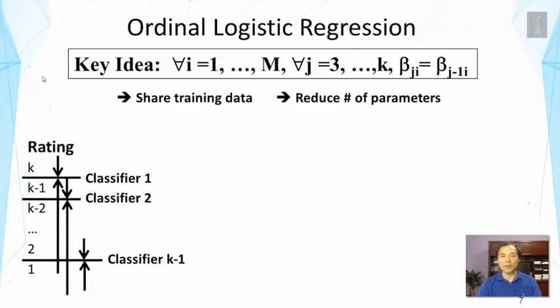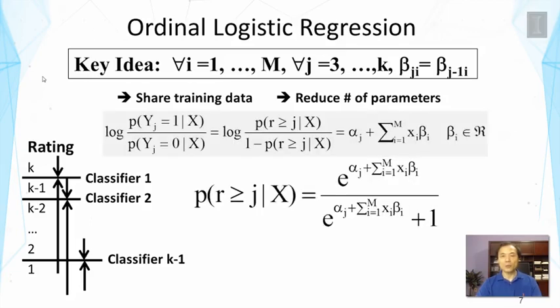So we have more data to help us choose a good beta value. So what's the consequence? Well, the formula would look very similar to what you have seen before, only that now the beta parameter has just one index that corresponds to the feature. It no longer has the other index that corresponds to the level of rating. So that means we tied them together, and there's only one set of beta values for all the classifiers.